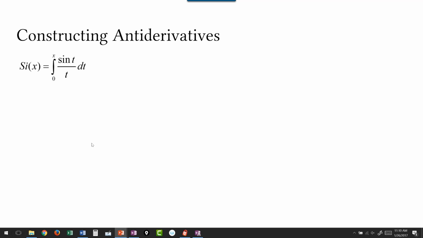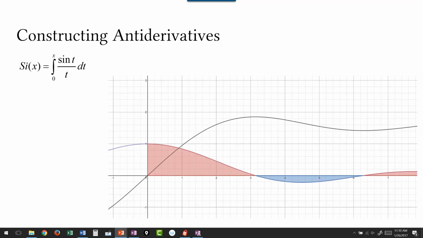Our second example is a common function that doesn't have an elementary antiderivative. And we have a similar graph here. So this curve is our function sine x divided by x.